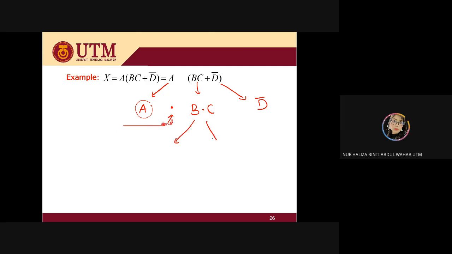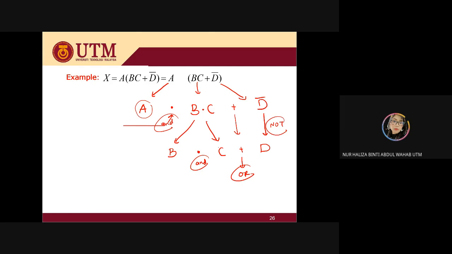Here you're going to separate it. You have input B and input C, and in between you have an AND gate. This one you're going to go down as D, and also you have the NOT. Forgot to put it here. So for here you can see you have an OR gate, AND gate, AND gate, OR gate, NOT gate.